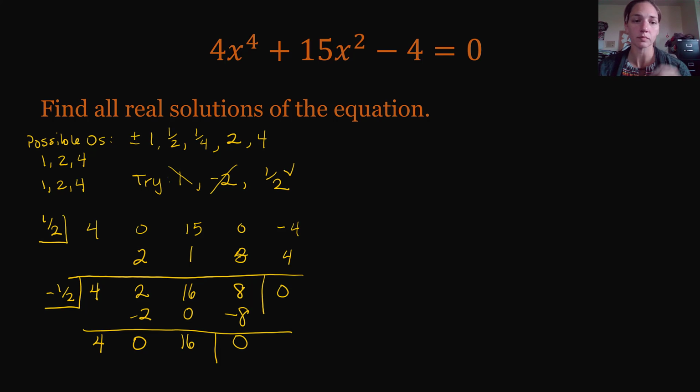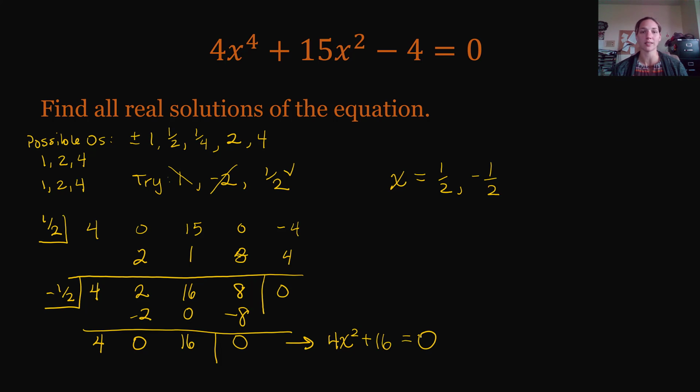All the real solutions of this equation is really just asking for the zeros. So x equals 1/2 and negative 1/2. Those have both worked. Hooray! Now I have 4x squared plus 16. Where does that equal 0? I've gotten down to a quadratic, so I can stop using synthetic division.